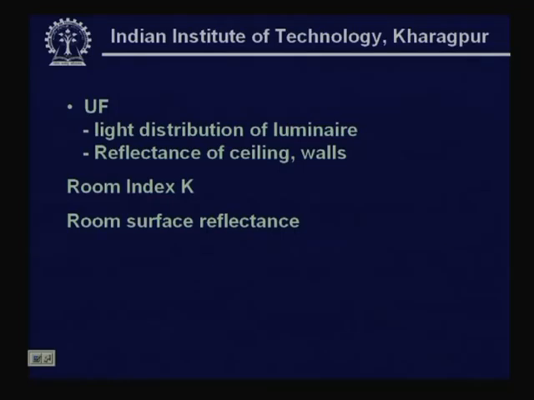Once you arrive at that index, considering the reflectances, one can suggest the number of rows and columns. I told you the simplest way is to arrange in the form of a matrix, like you have a certain number of rows and a certain number of columns.